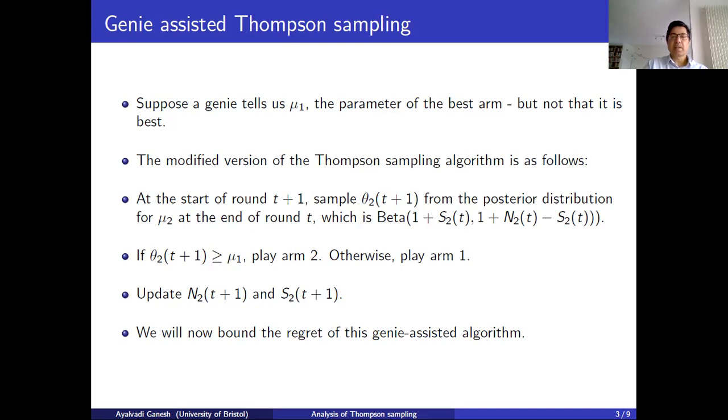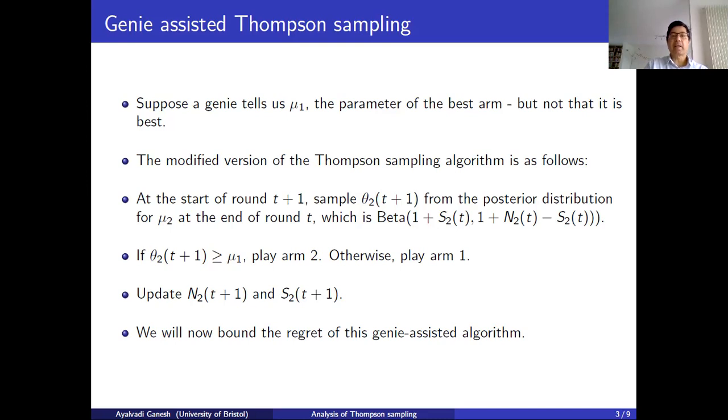So that's the setting we are going to analyze. We won't analyze the Thompson sampling algorithm, but we stated a theorem proved elsewhere earlier. And when you see the analysis of the genie-assisted algorithm, you'll see that we get all the scaling parameters, right?